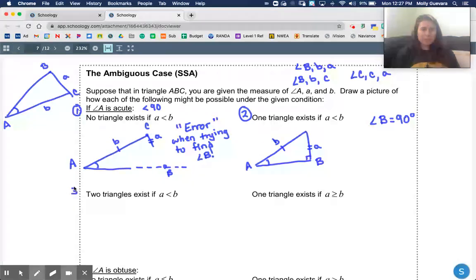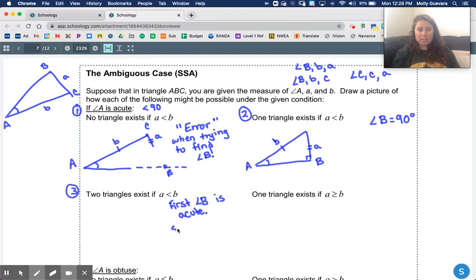If A is less than B, and you get angle B is acute, so if you solve, and you get angle B equals 26 degrees or whatever, that means that there's two triangles.